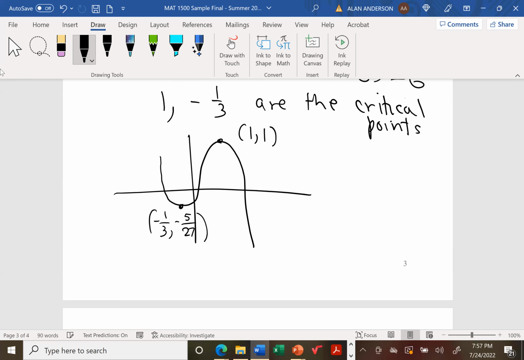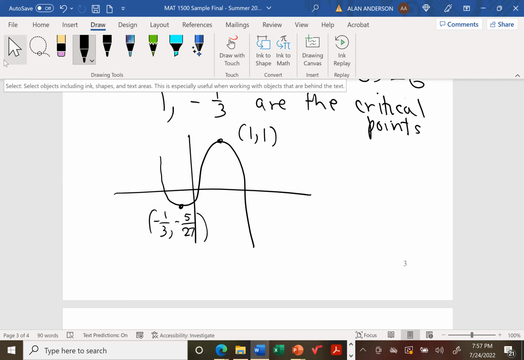So what are we trying to do here? We're trying to demonstrate where the function is increasing and decreasing. So how can we do that? Well, looking at the two critical points, we evaluate the first derivative at a point before the first point, after, and before the second one.